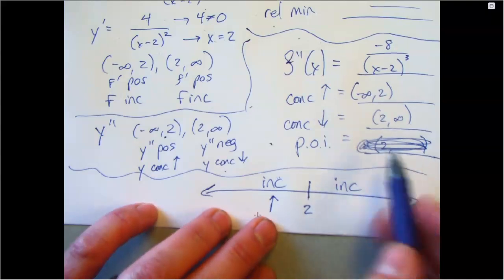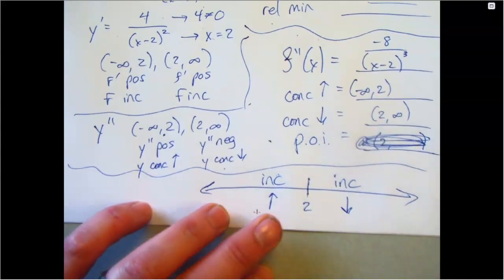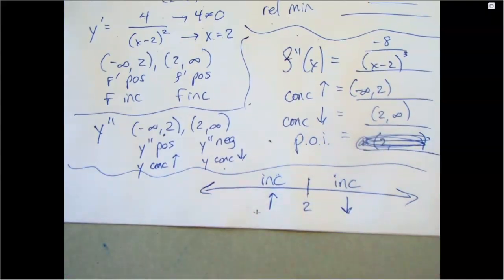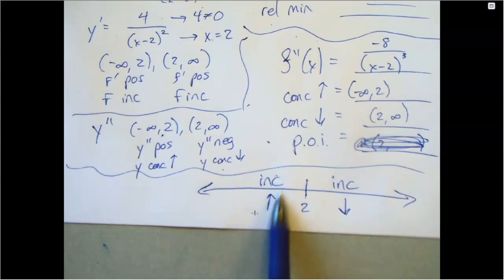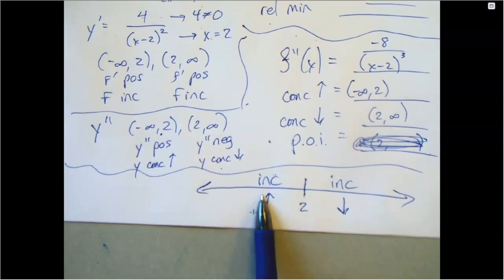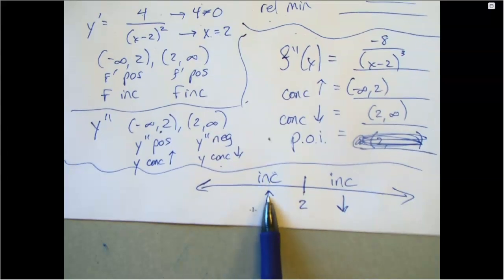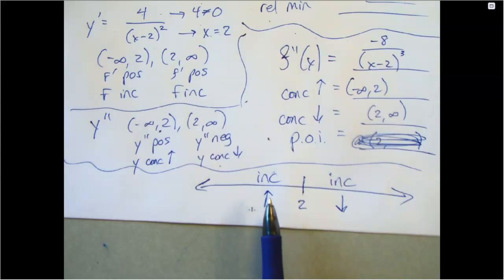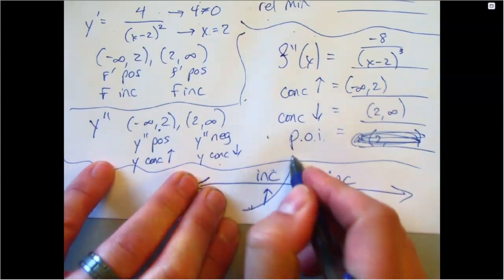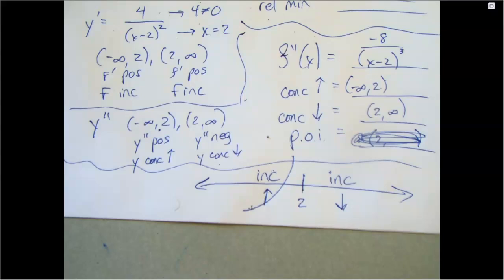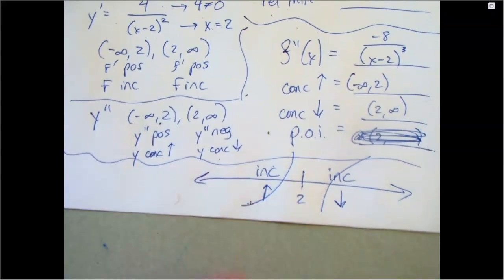And then to the right of 2, it's concave down. Now can you draw the shape that goes with increasing and concave up? That guy, right? But increasing and concave down, that guy. So those are the two shapes we have to put on the graph.